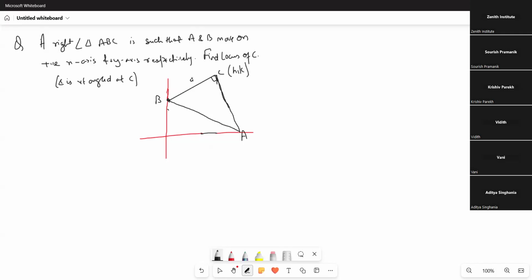Considering the nature of the triangle, this line length would be a, this length would be b, this length would be c.